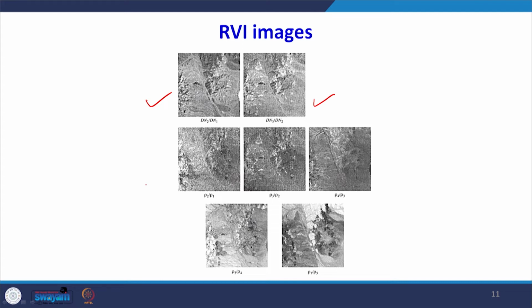Similarly, different images have been created by dividing one band with the other band. For example, in the second row, I have three ratio images which have been created by the division of three different band combinations.